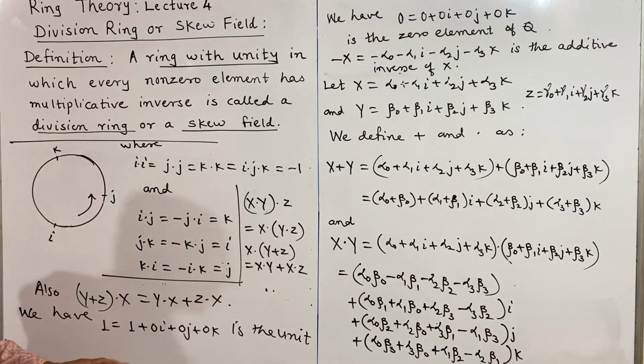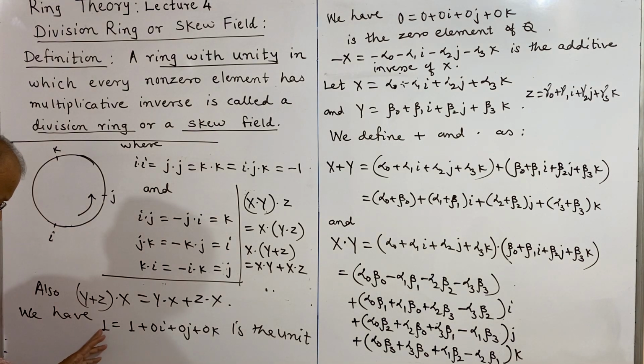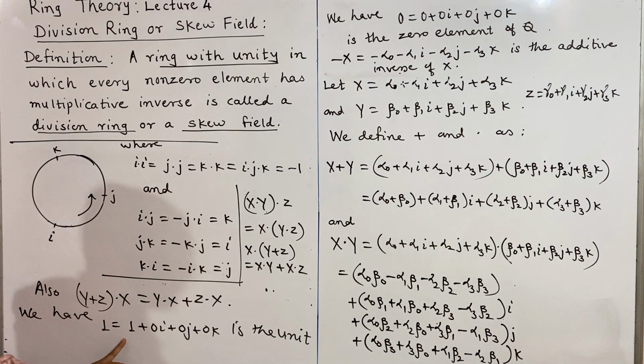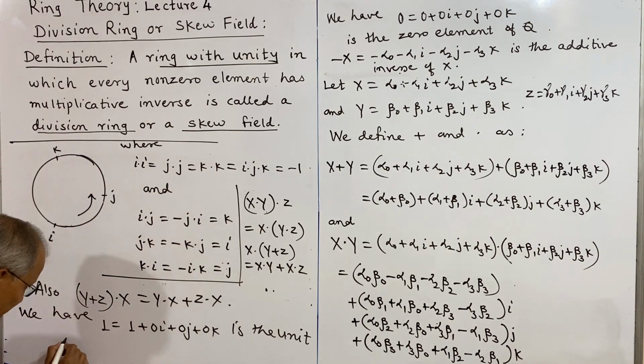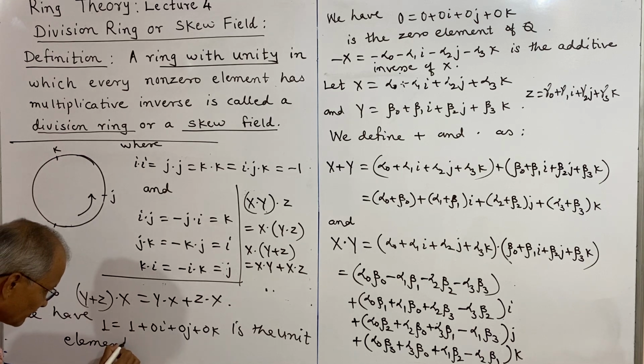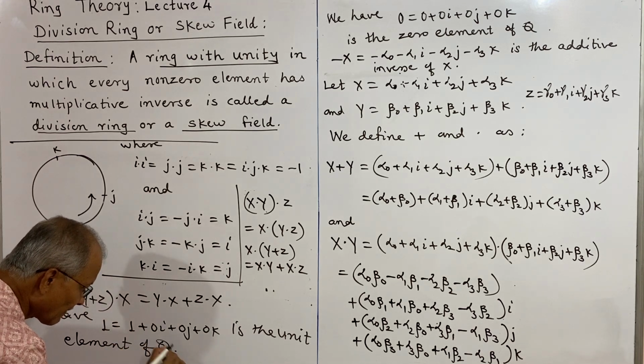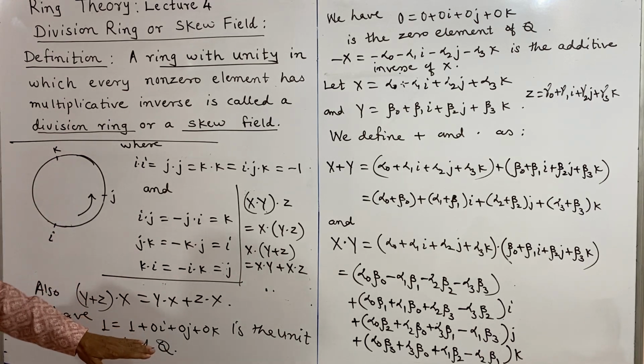It satisfies the property x into 1 is equal to x, and 1 into x is x, so 1 is the unit element of Q. So thus this forms a ring.